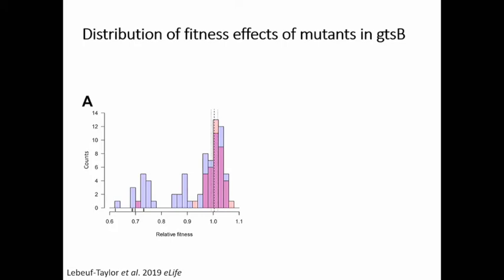So these are the data from that collection of mutants. Off the top of my head, I can't remember exactly how many mutants we had, but it was just over 100, I believe. And we had a whole range of fitness effects.